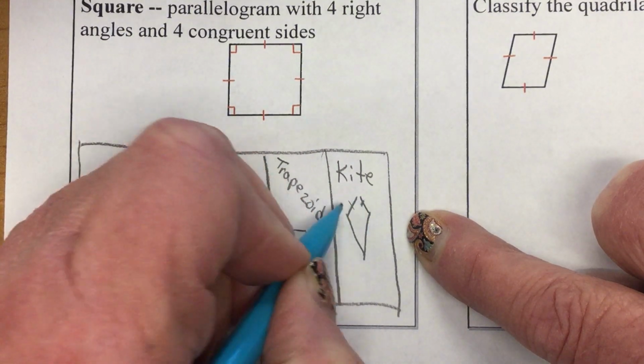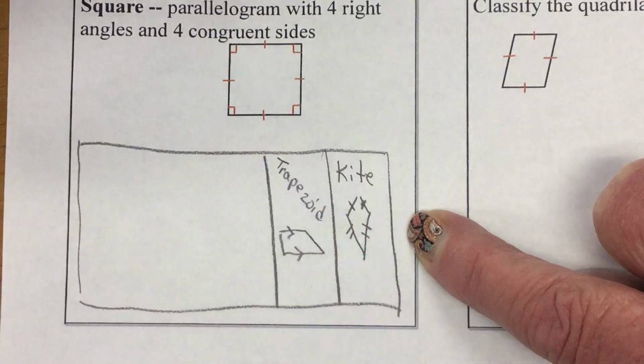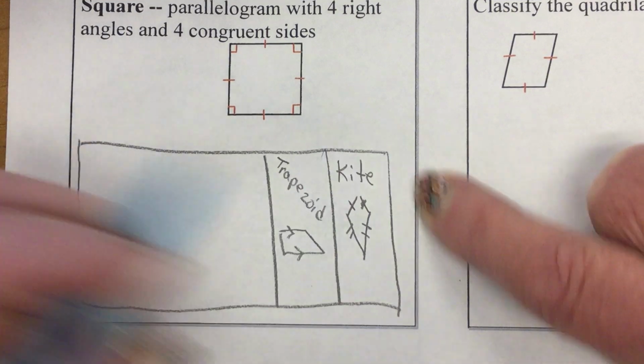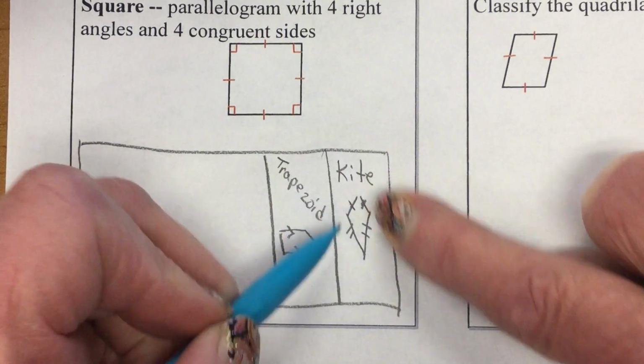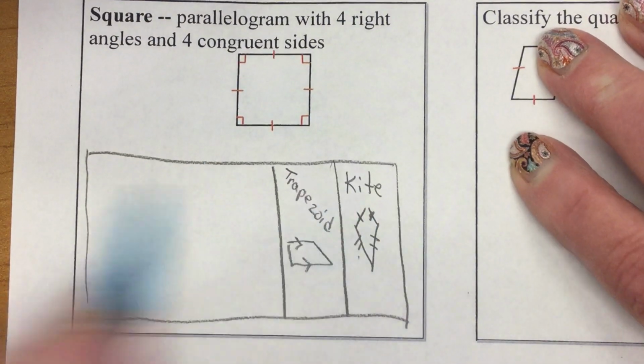These two sides are congruent, and these two are congruent, but nobody's parallel to anybody. The adjacent sides are congruent. These adjacent are congruent. That makes that a kite.